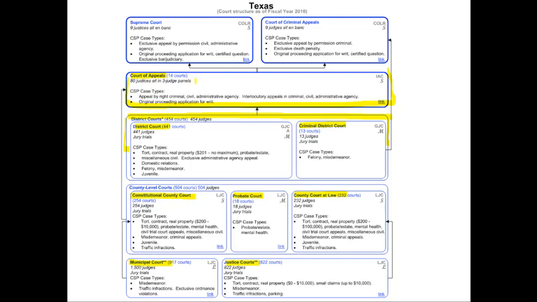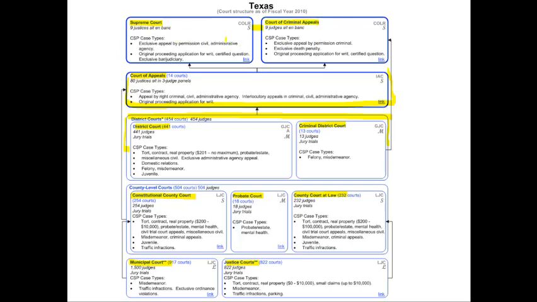There's 14 of those in the state of Texas, and Texas is somewhat unique in that they actually have two final courts. They have a court that's actually called the Supreme Court, and they also have another court that's equally as final as that Supreme Court, and they call it the Court of Criminal Appeals.